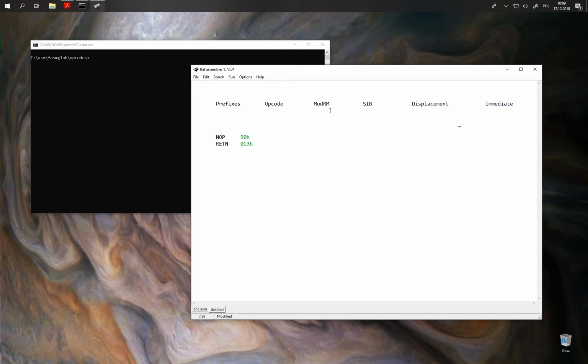Displacement is only present when mod is 1 or 2. As you might recall, mod equal to 0 is a memory operand without displacement, and mod equal to 3 is a register operand, and there is no memory addressing then at all.